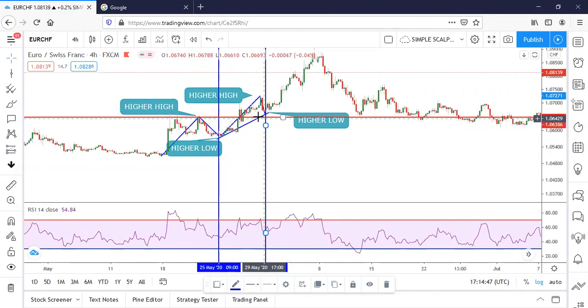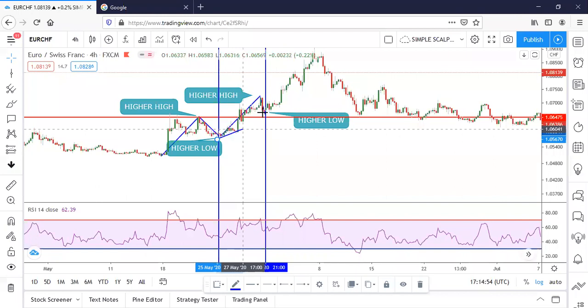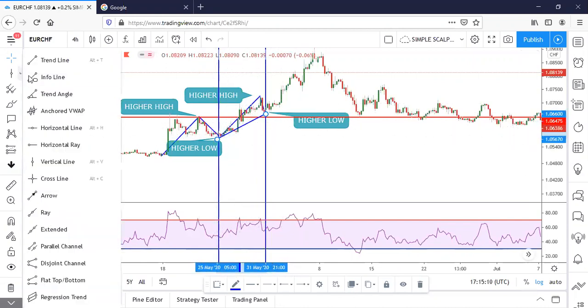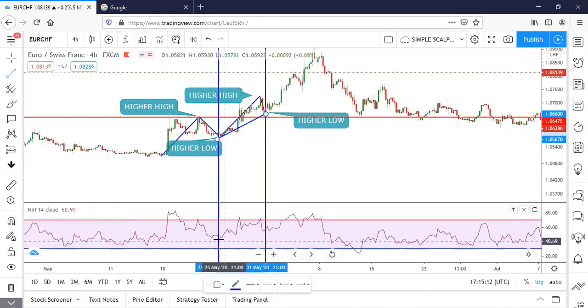Once you mark these two lows, take a small trend line to connect these two areas together, this place and this place, within the two vertical lines. And now you can see this is from below, right? Don't forget that. So you want to take the divergence from below as well, right?